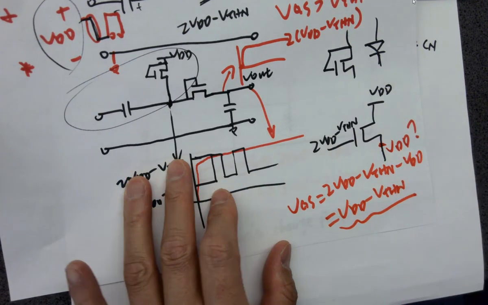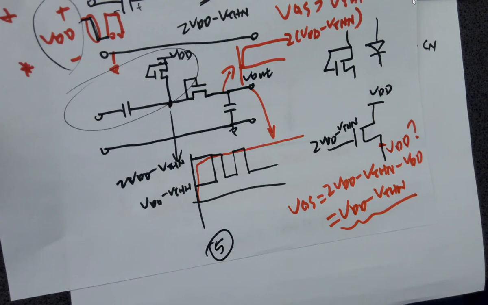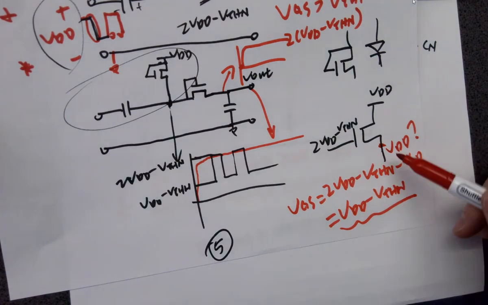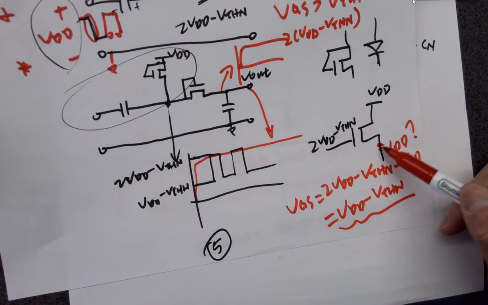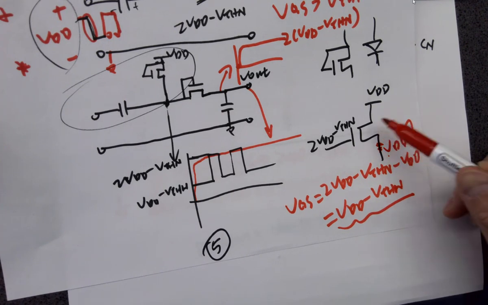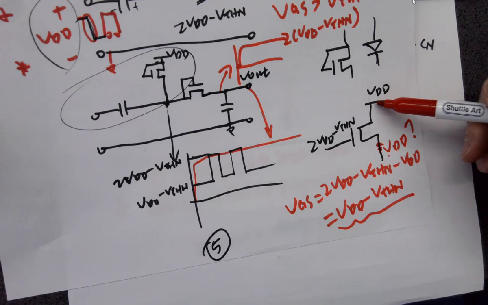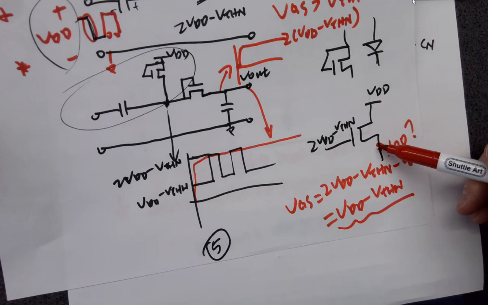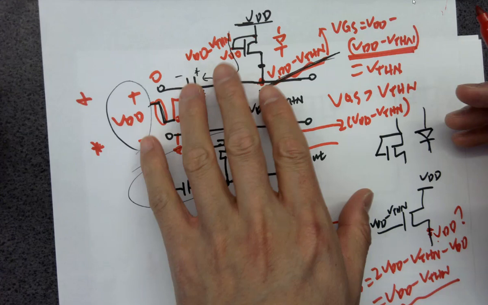Is this larger than VTHN, the threshold voltage? Of course. So it is still on. If I allow the voltage at this point rise to VDD, I'm still fine. So in that case, I'm able to pass the entire VDD to the source. I don't have that limit anymore.